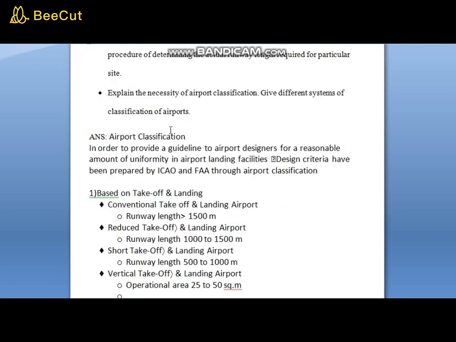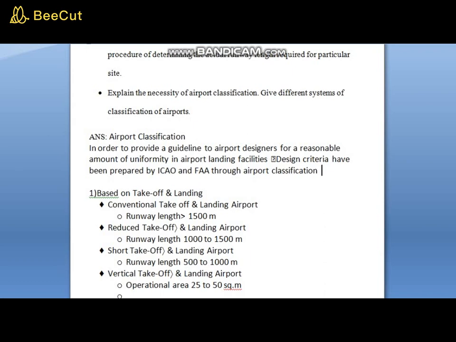In the last answer we were talking about the necessity of airport classification. I have said that this classification is done in order to provide a guideline to airport designers for a reasonable amount of uniformity in airport landing facilities.